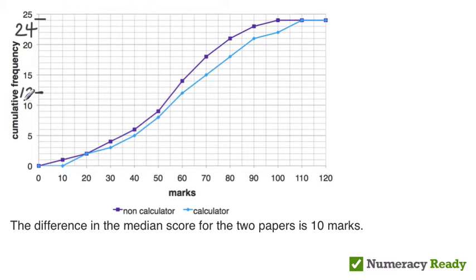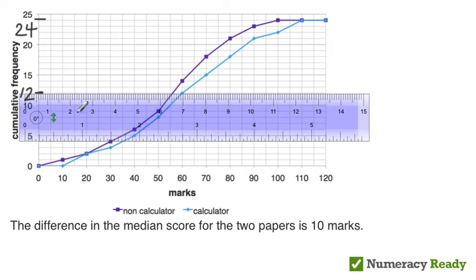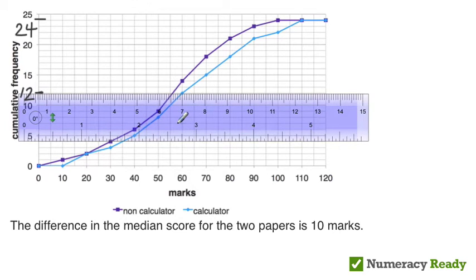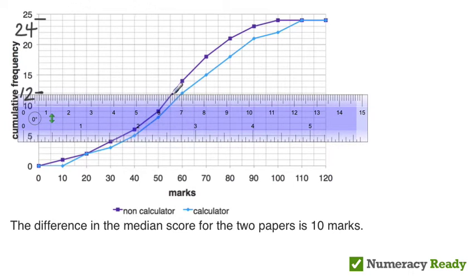So that's about the 12th person. So using a straight edge, we're going to find what marks that 12th person received, both on the non-calculator paper and the calculator paper.